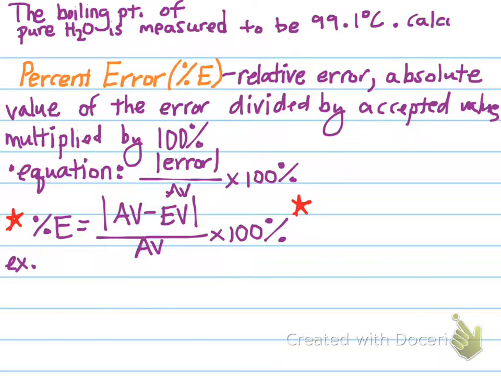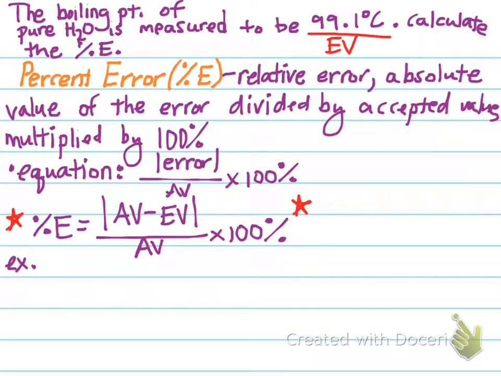Calculate the percent error. So that's our problem. The boiling point of pure water is measured to be 99.1 degrees Celsius. Calculate the percent error. As we do this, first off, 99.1 degrees Celsius, that's our experimental value, right?